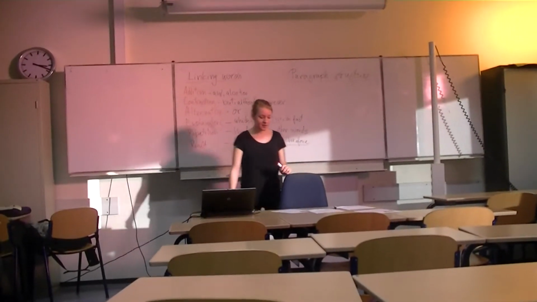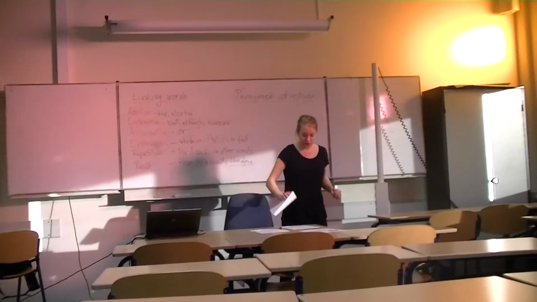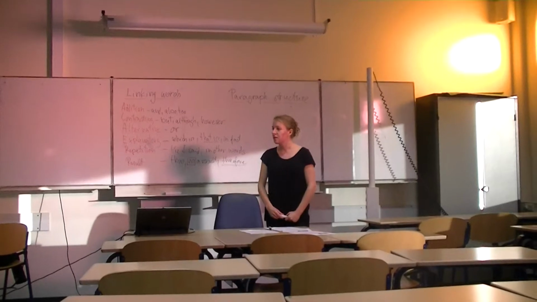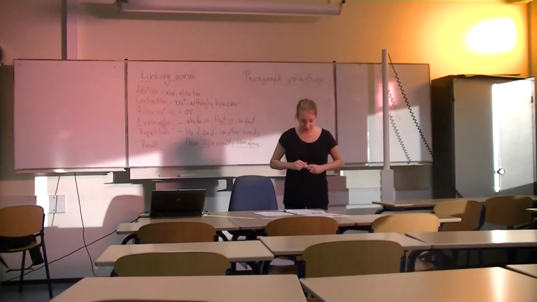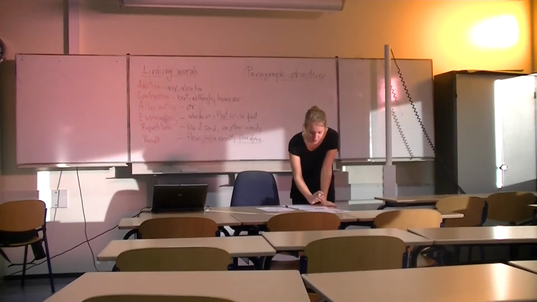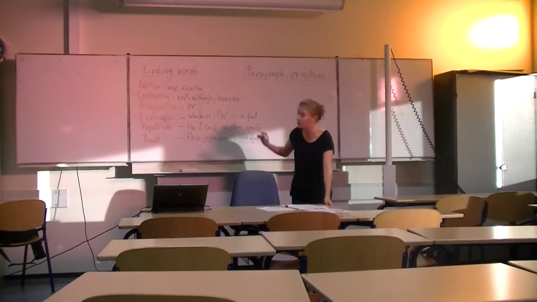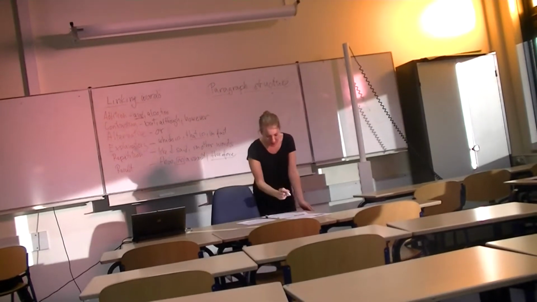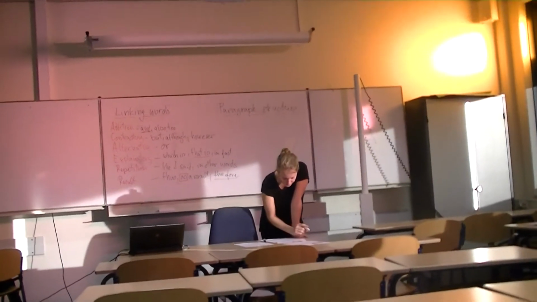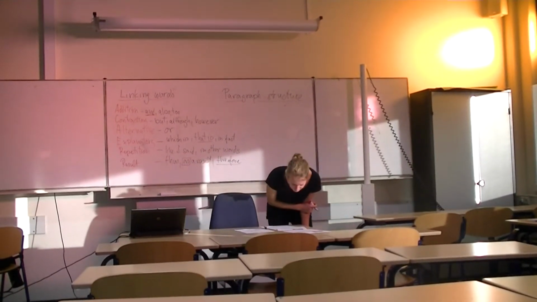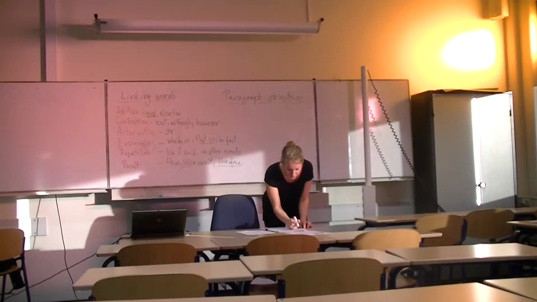Alright, that's brilliant. So let's have a look at the words and see if we understand how they work. Could anybody give me the first linking word in the text? Did you look out for all the small words like and? No, that's not a linking word.